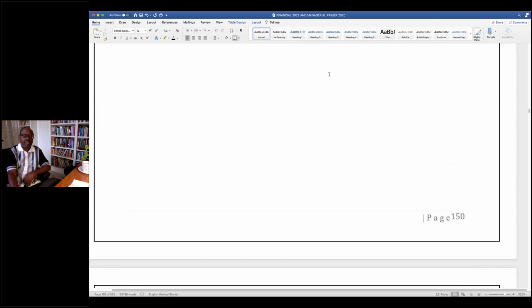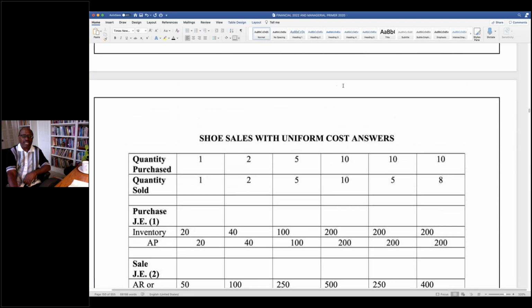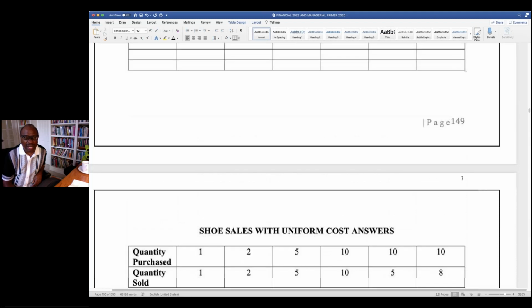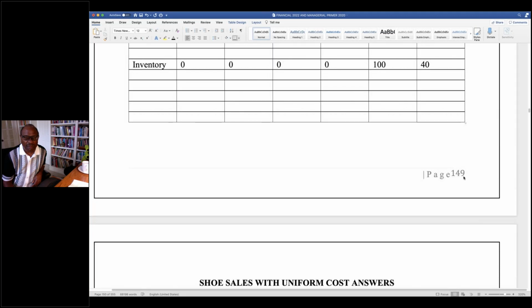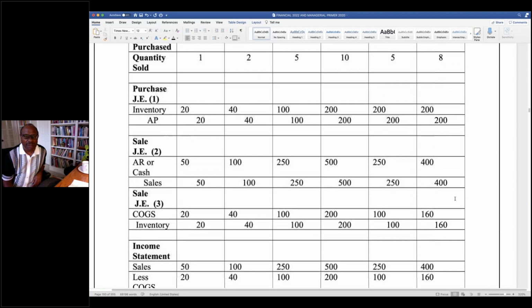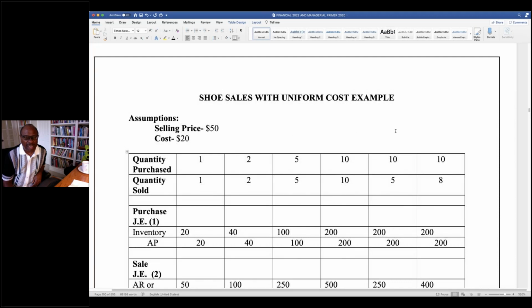let's go back up here. So we buy 10 pairs of shoes and we sell 8. All the way back up here now. But suppose we had a situation where instead of all the shoes costing 20, the first 5 cost 20.